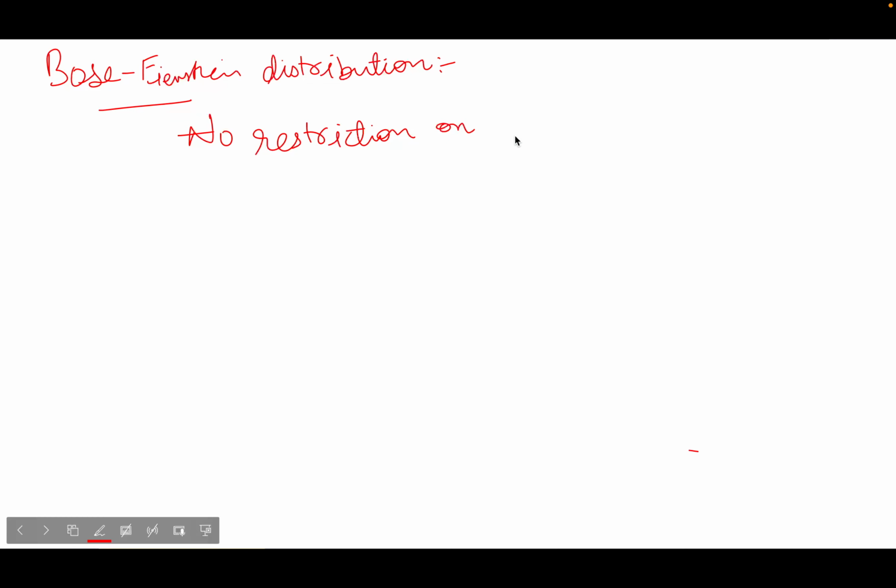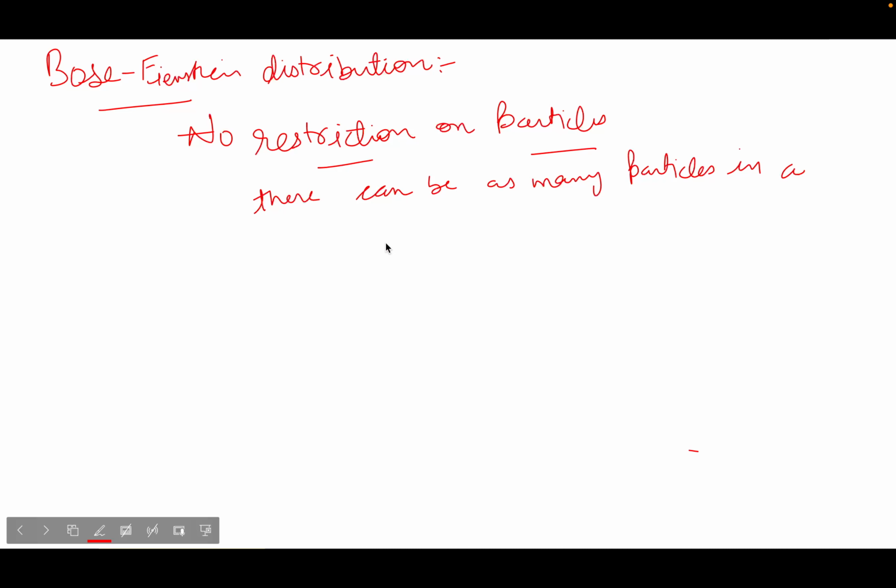There can be as many particles in a single state.